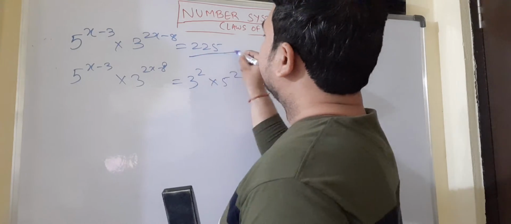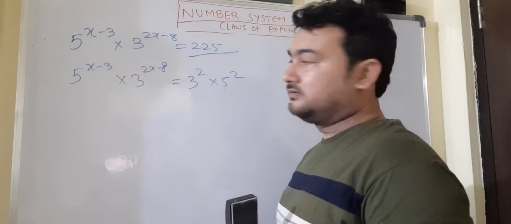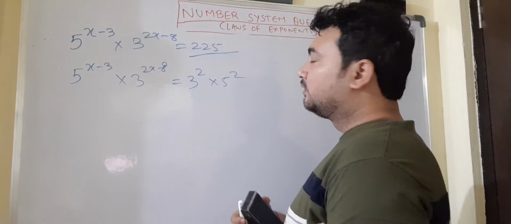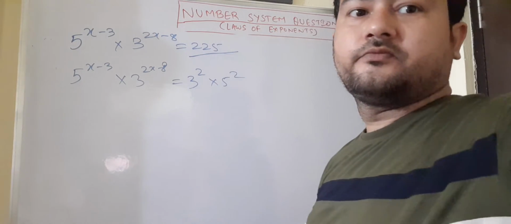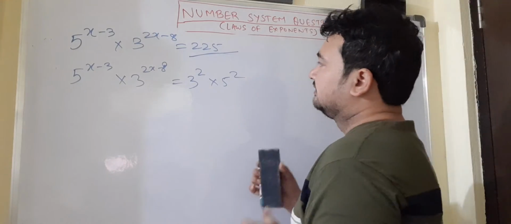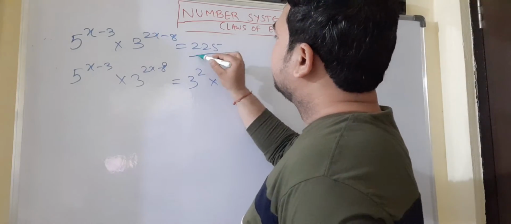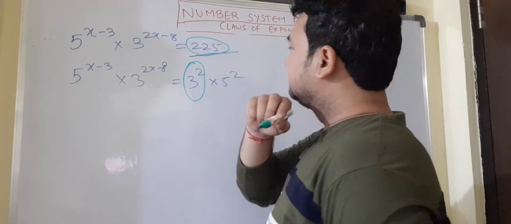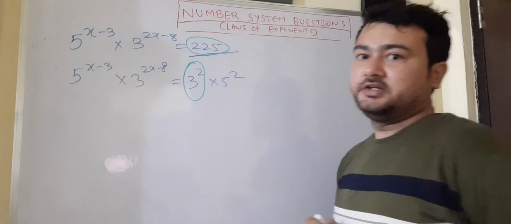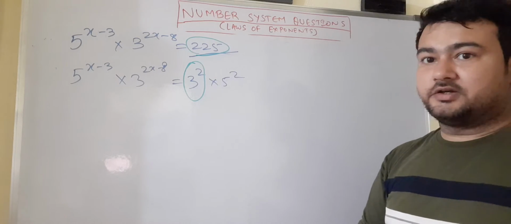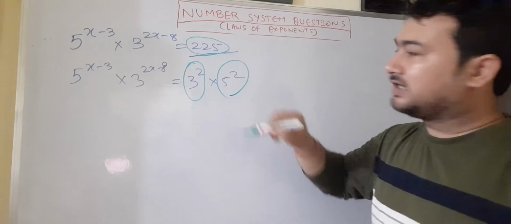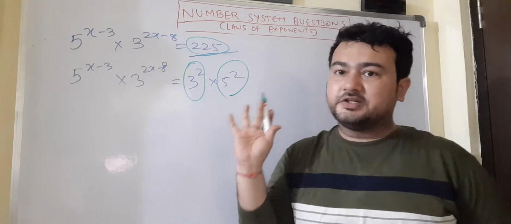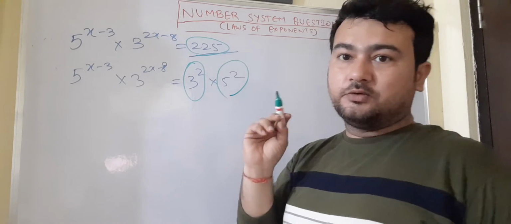See, in this number 225, this 3 is available only 2 times, and 5 is also available only 2 times. There are no more 5s and no more 3s inside this number 225.